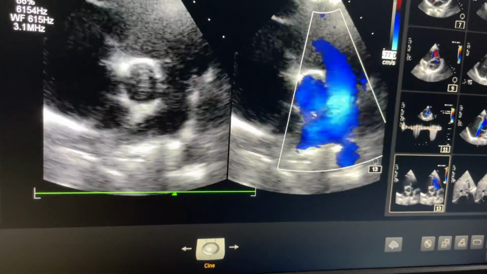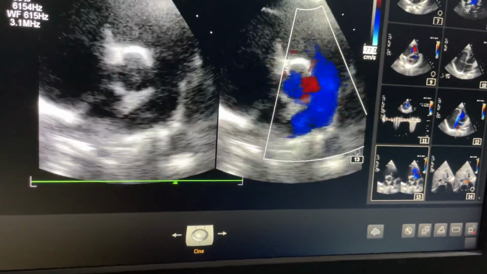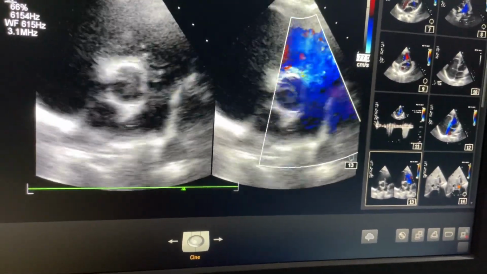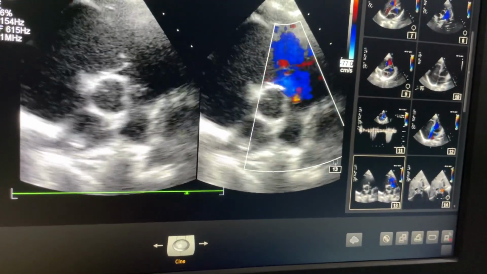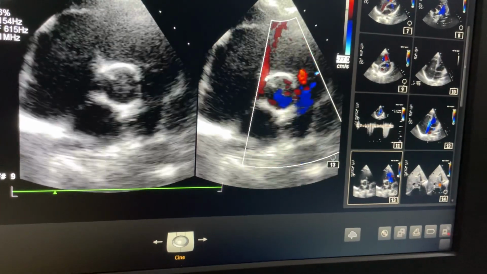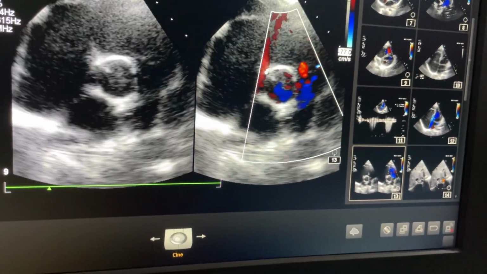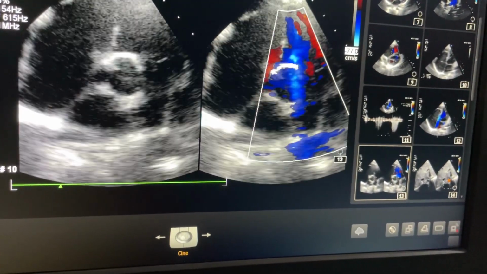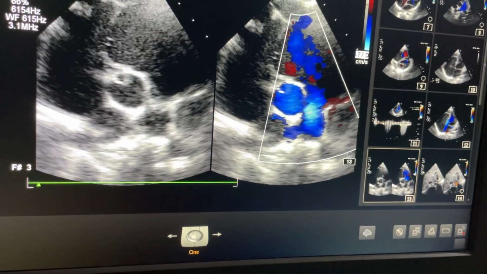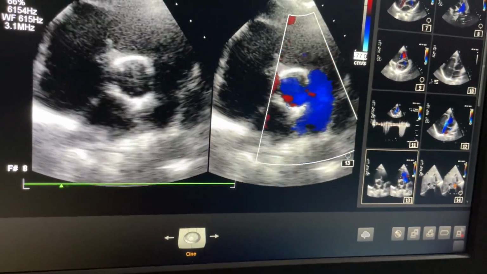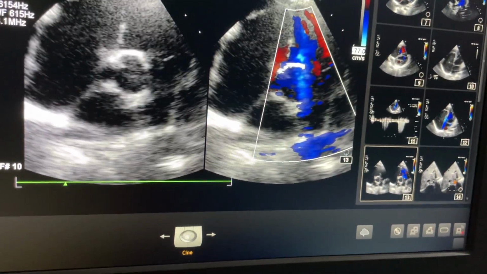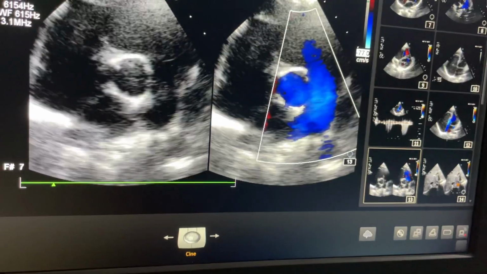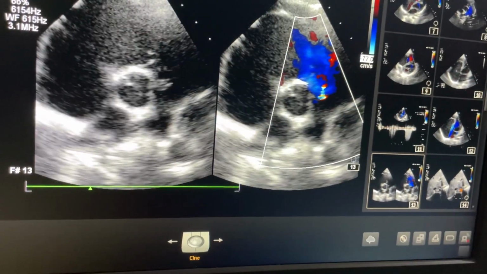You see, this is parasternal short axis view. You can see how the Ebstein's valve moves. Valve is quite large and valve movement is quite to and fro. In Ebstein's anomaly, you have to find out the length of free leaflet of anterior leaflet of tricuspid valve.